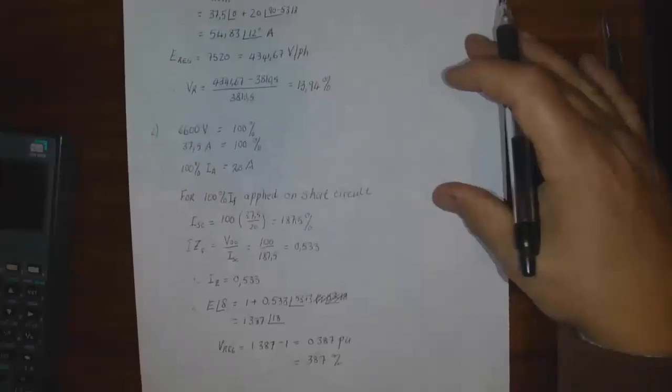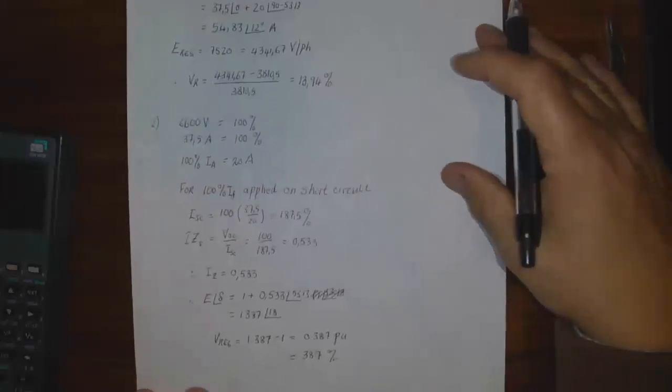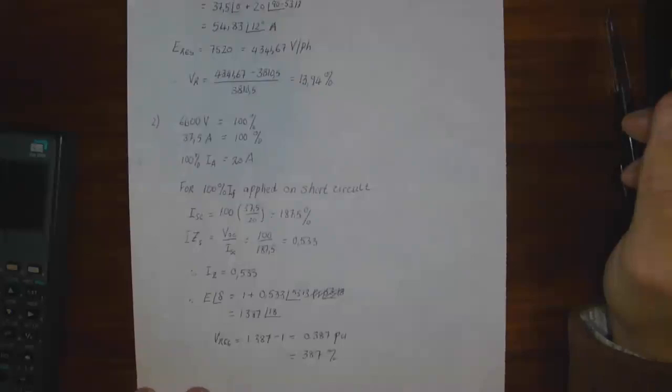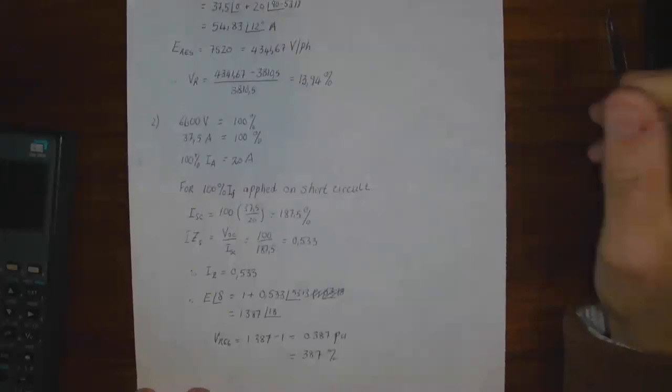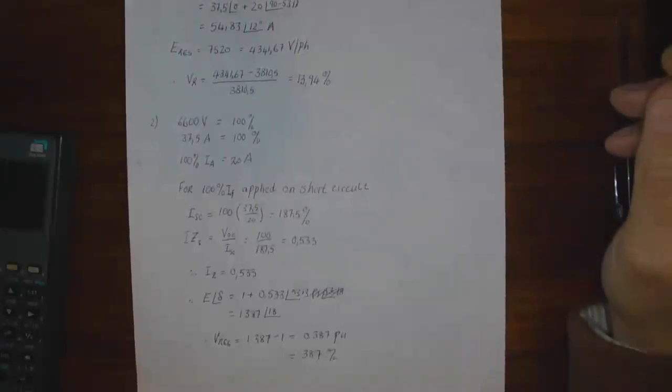Are you dumbfounded or what? Do you understand it? Sir, can I ask you something? Sir, I see that when you calculated your E, you didn't put in beta, and beta in this case should be 90 degrees.